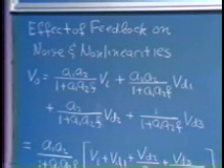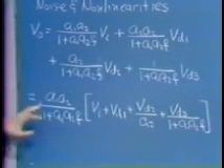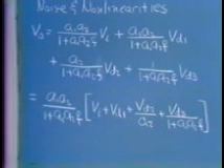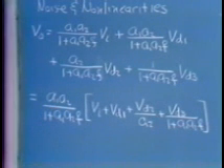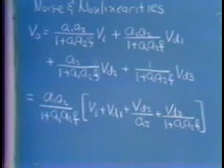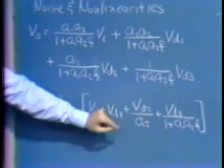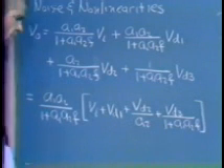I think we can get a little better emphasis of the important feature of this expression by factoring out the A1, A2 over 1 plus A1, A2F. When we do that, we get that factor out in front. Then we get VI plus VD1, plus the second disturbance VD2 divided by this.